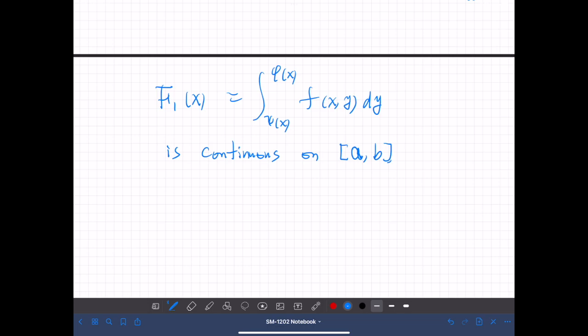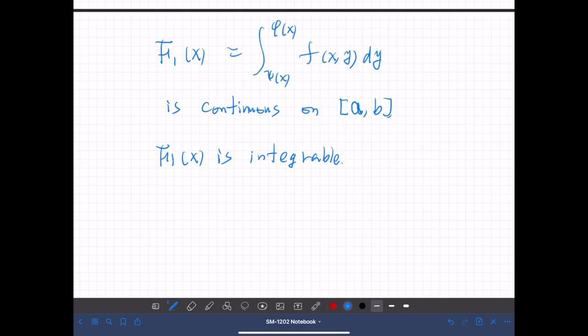So f1 is integrable, and therefore we can define this integral of f1 between a and b.